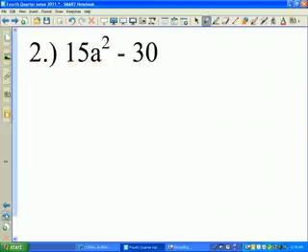So we have 15a squared minus 30. First things first, I need to figure out what my GCF is. So you can use that trick with the calculator. Go to math, then arrow over to num, hit number 9, and then type in 15, comma, which is just above 7, and then 30.